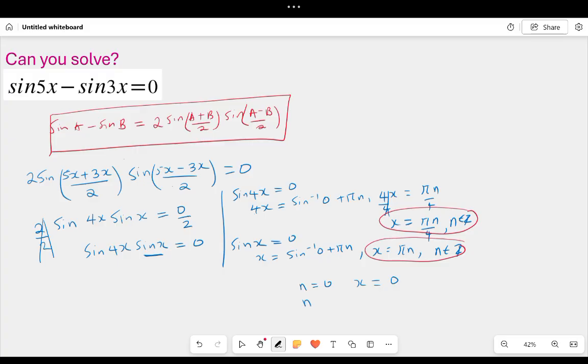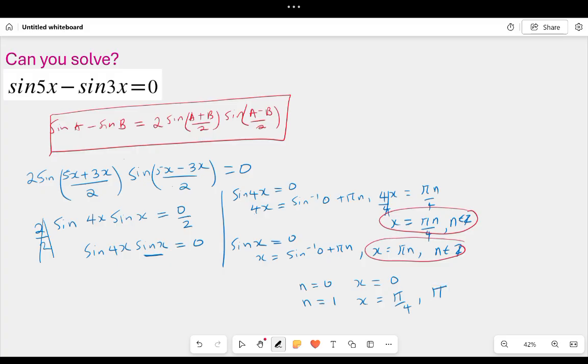And then what if our n is simply equal to 1? Therefore, the angles for the first case, n is 1, so pi times 1 divided by 4, which is going to be pi over 4. In the second case, since n is 1, pi times 1 is going to be pi.